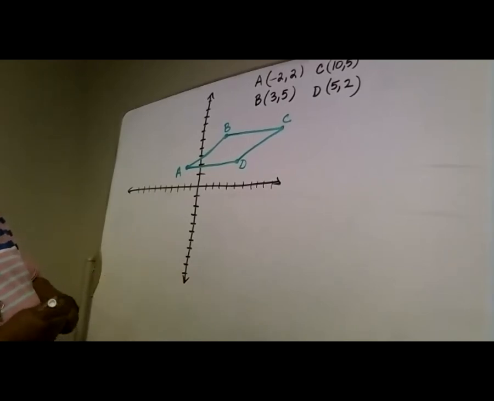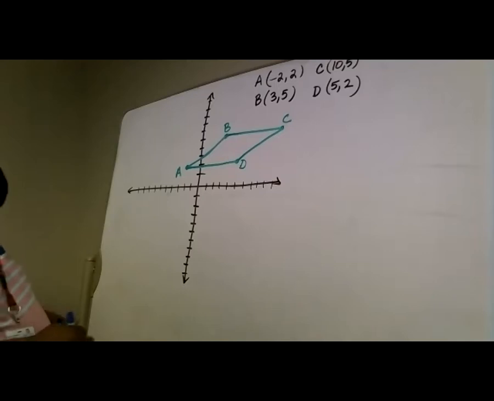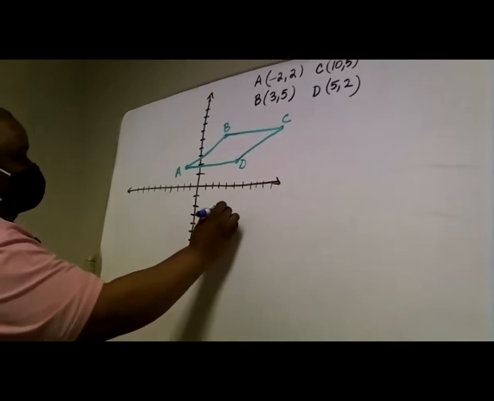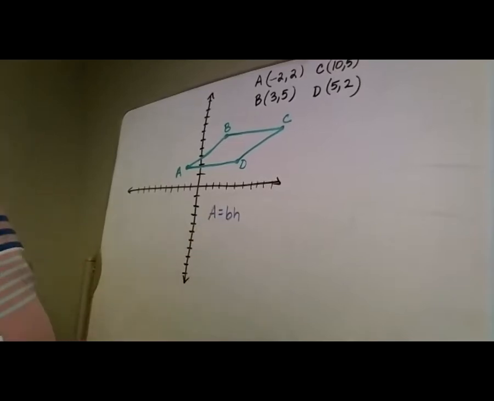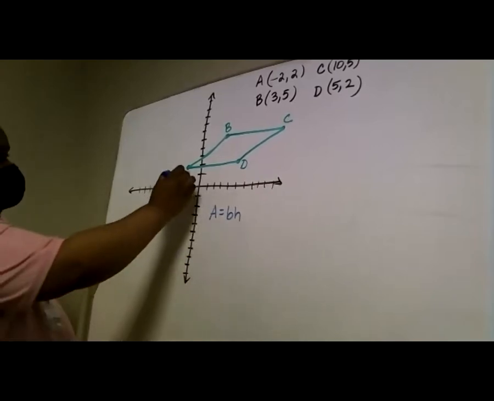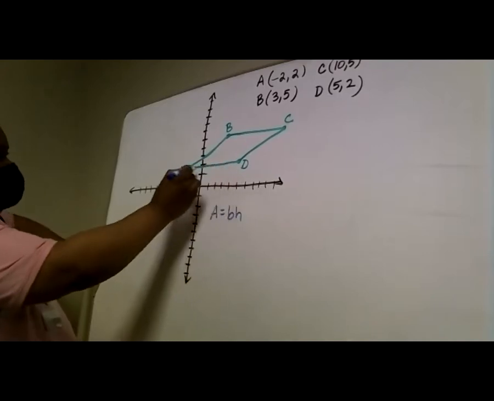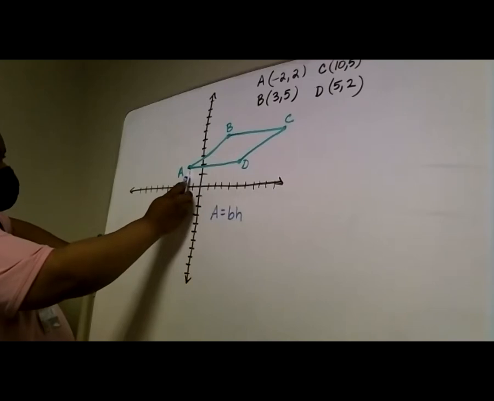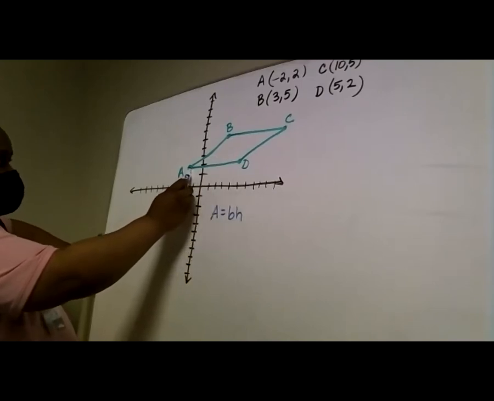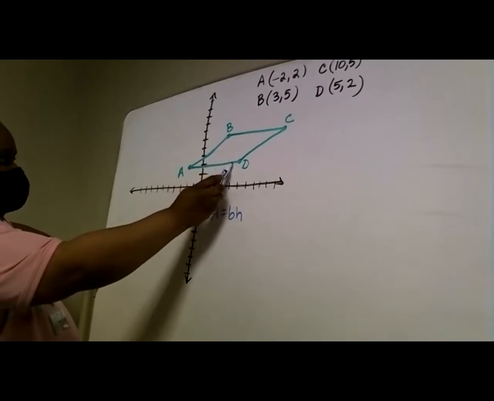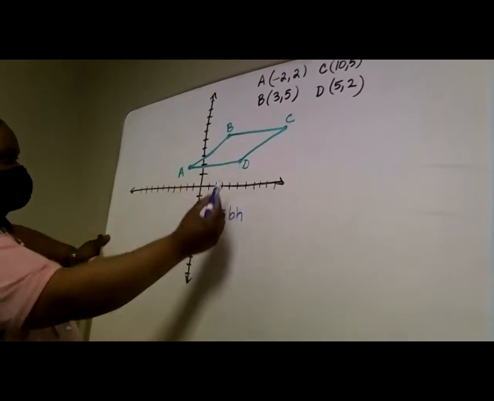All right, so anytime you're finding the area of a parallelogram, that's this formula, the base times the height. Now the base goes this way. So the distance from A to D, if I just count over, this will be 1, 2, 3, 4, 5, 6, 7.